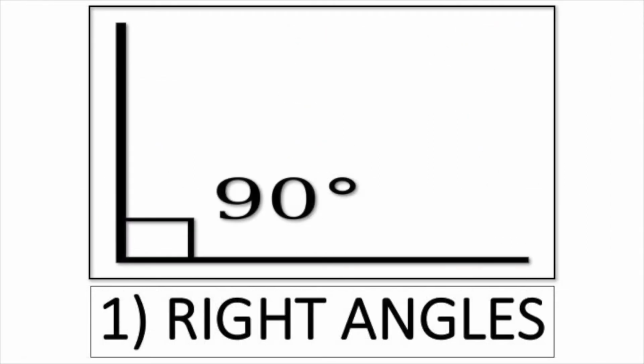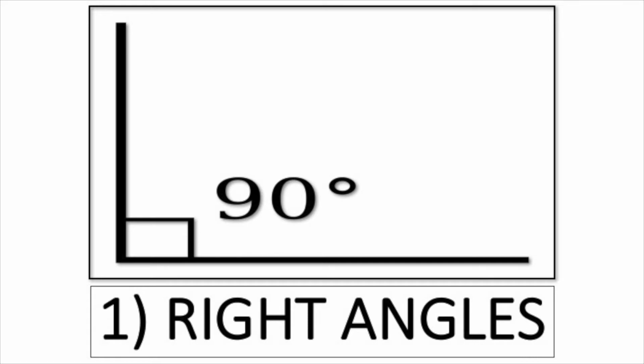Number 1, right angles. Yes. Now what number can you see on the picture? 90, yes. And you see this symbol here. Do you know what this symbol means? Degrees. Okay? Right angles are always 90 degrees.